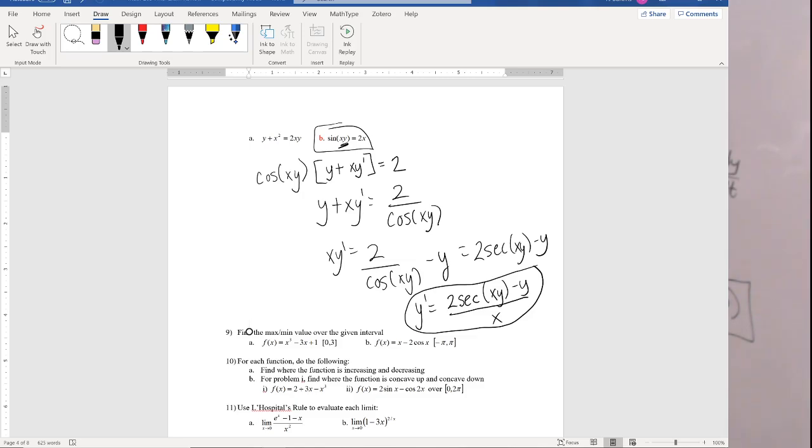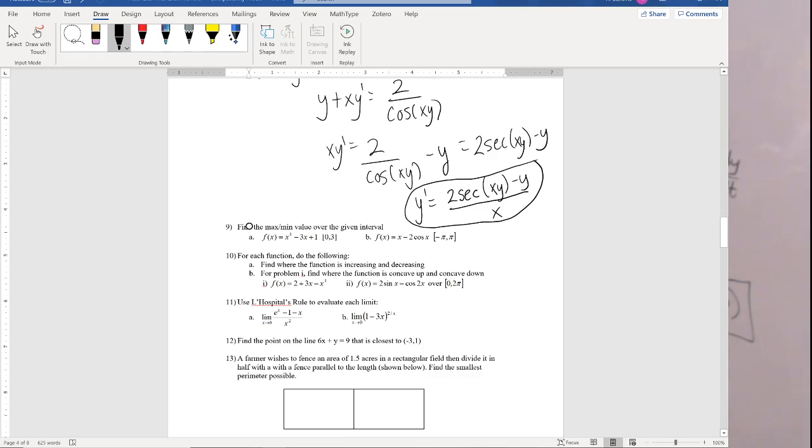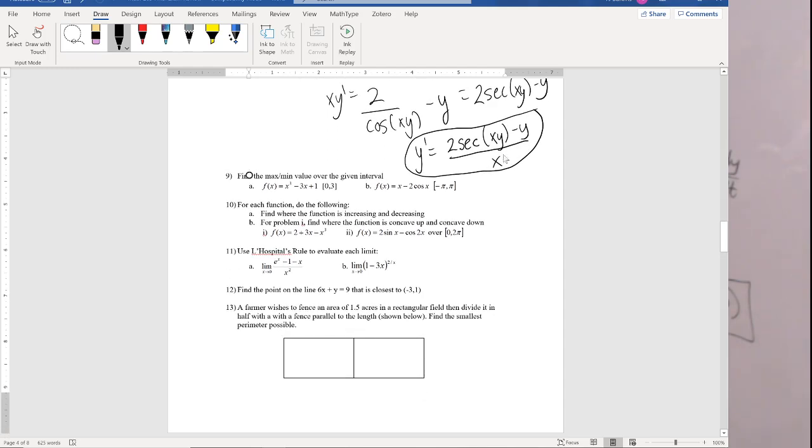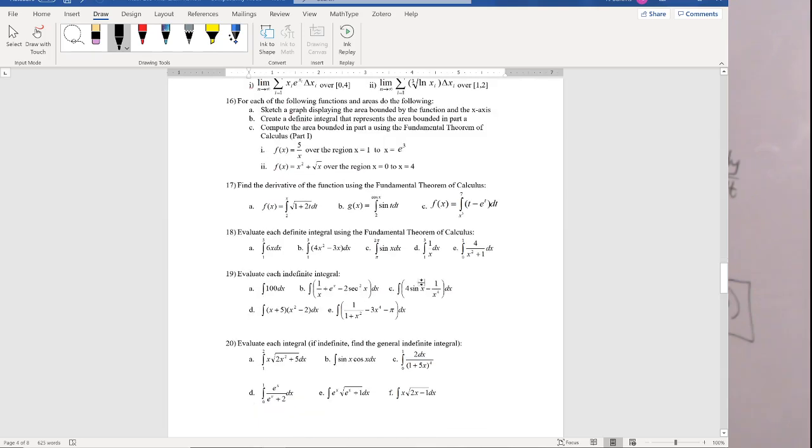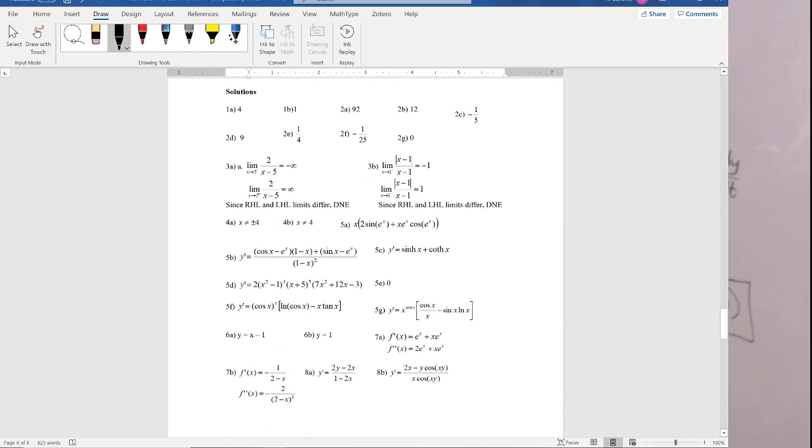Okay. Alright, so number 9 was requested. Let's start there. Find the max and min value, any specific part of 9? I'd rather just do one rather than both. And while you're answering that, did I put the solutions on here? Yeah. Cool.